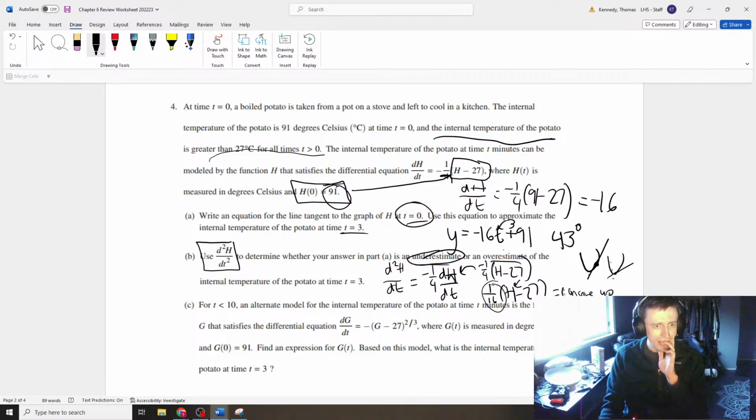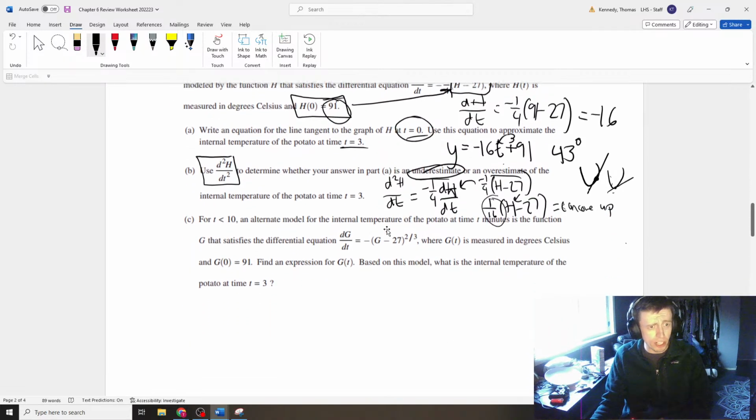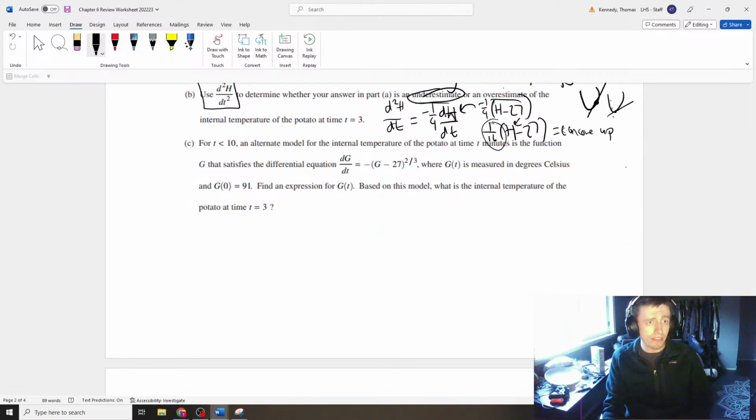All right, so our last one says for t less than 10, an alternate model, and so on. Basically we get a new differential equation here. Based on this model, what is the internal temperature of the potato at t equals 3? This is actually solving the differential equation. If I separate variables, I get (g minus 27) to the 2/3 dg equals negative dt.